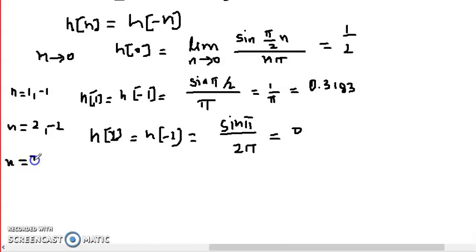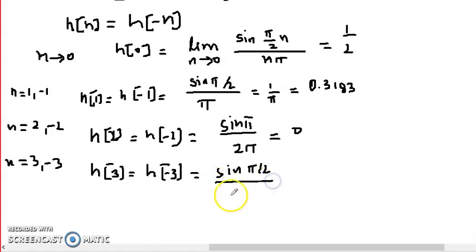Similarly, n equal to 3 and -3, दोनों इक्वल होंगे h3 and h of -3. So it will be sine pi by 2 divided by 3pi by 2, and its value will be -1.06.